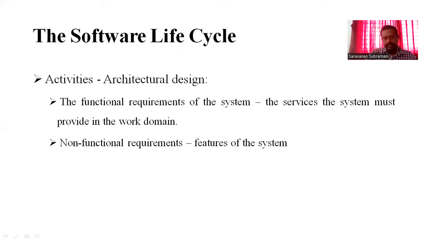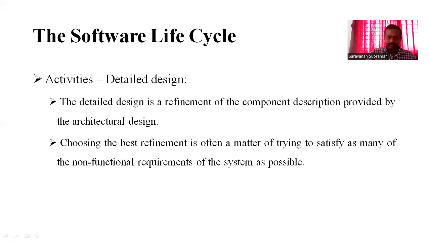The functional requirements of the system, the services the system must provide in the work domain, will be identified here. The non-functional requirements, like features of the system, should be identified very clearly in this architectural design.